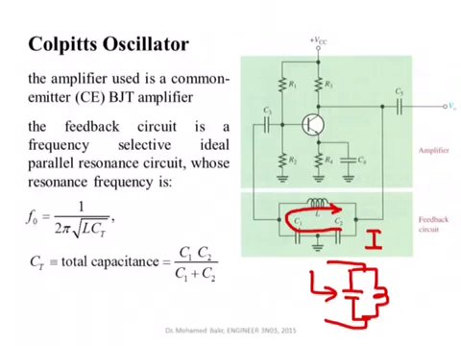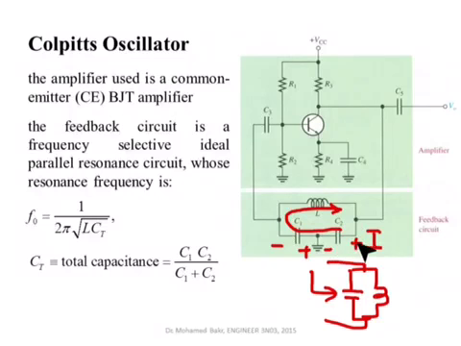So at resonance there is some current flowing here, and you can see it creates some voltage drop across this capacitor C1. It creates some voltage drop across the capacitor C2. Notice that the voltage drop across the capacitor C2 is simply equal to the current multiplied by the impedance represented by C2.